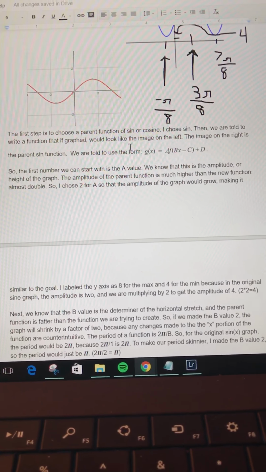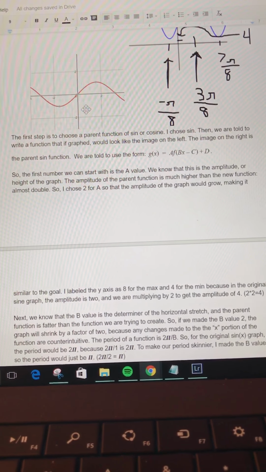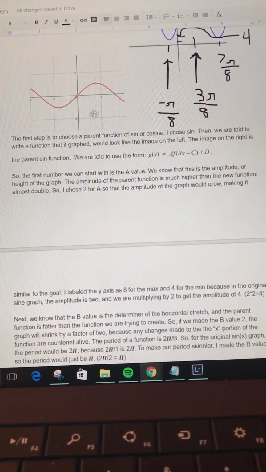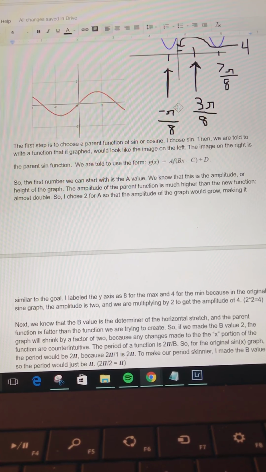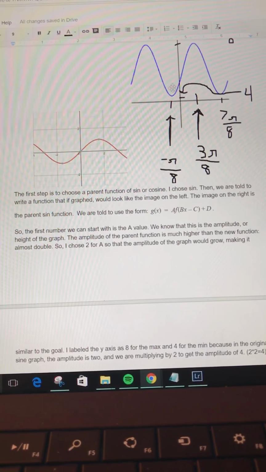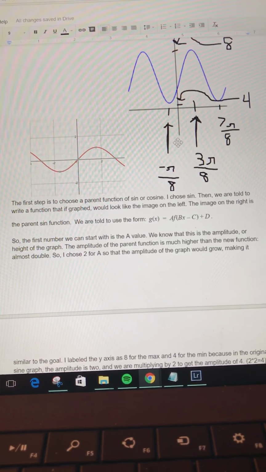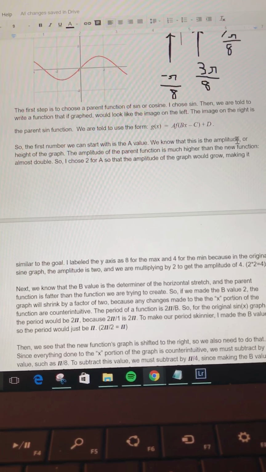The period of this is 2 pi, because to find the period it's just 2 pi over b, and b here is just 1. So if we make the b value 2, then the period becomes just pi, which I demonstrated, and I labeled the axes for this -pi/8, then 3 pi/8, and 7 pi/8.